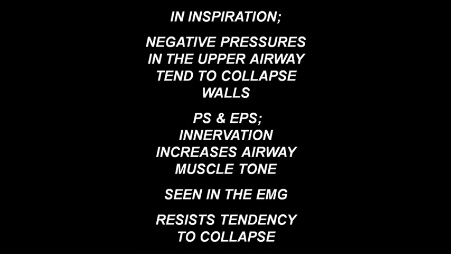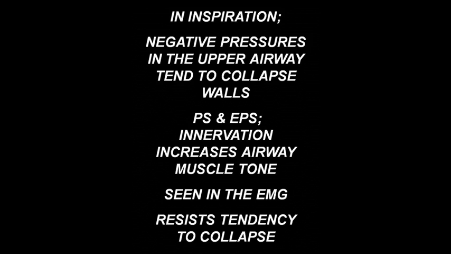Now, this has little effect on the walls of the lower airway because the cartilage structures hold it rigidly open, but negative pressure acting in the lumen of the upper airway acts on the soft tissues around it, essentially mucosa and muscle, causing a tendency for the walls of the upper airway to collapse inwards during inspiration.